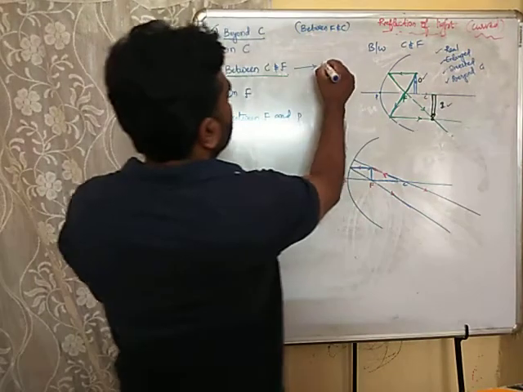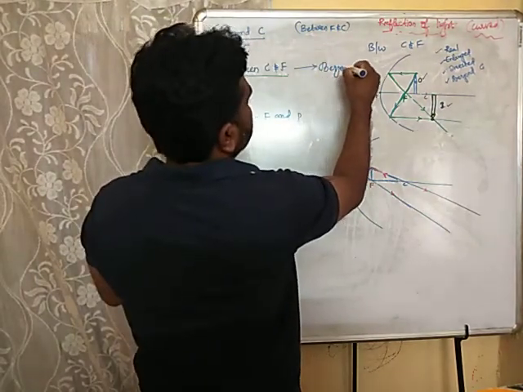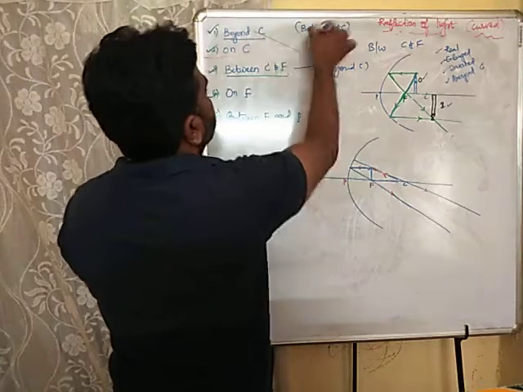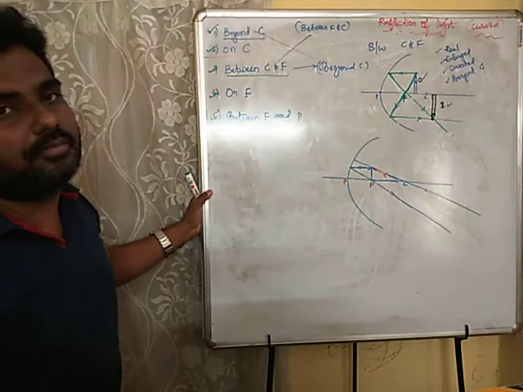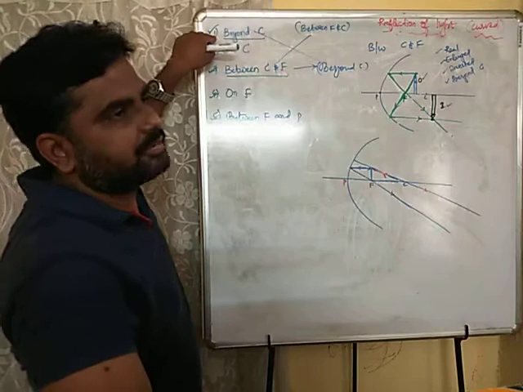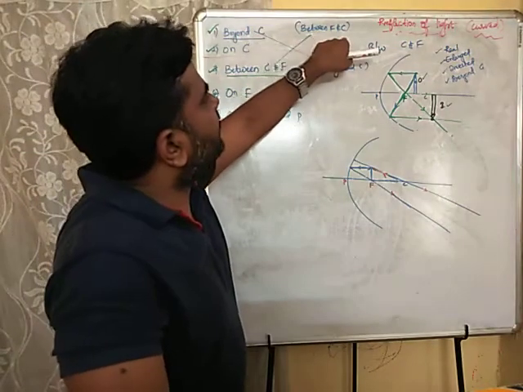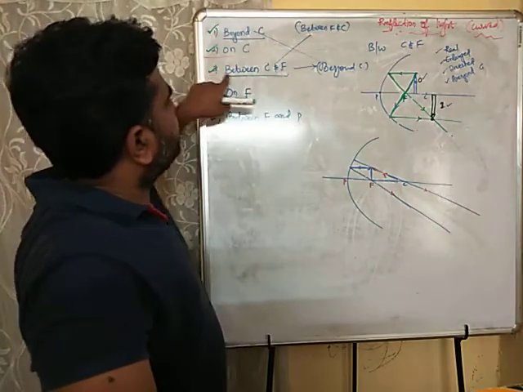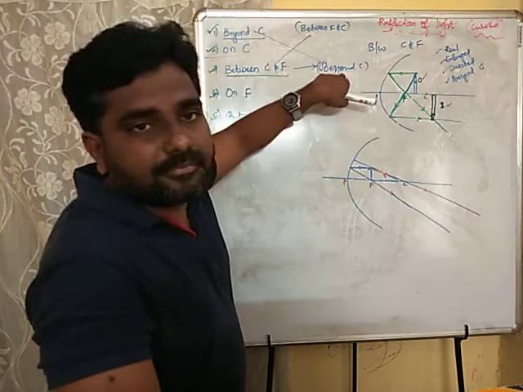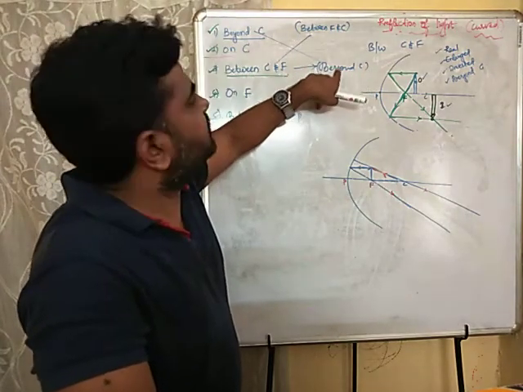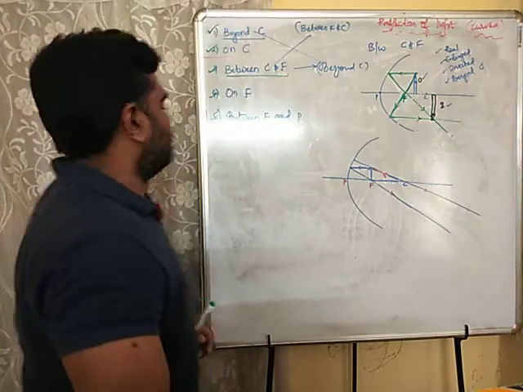That is beyond C. You understand? So simply it is reciprocal, opposite to each other. When an object is kept beyond C, the image becomes between F and C. And when an object is kept between C and F, the image location is beyond C.